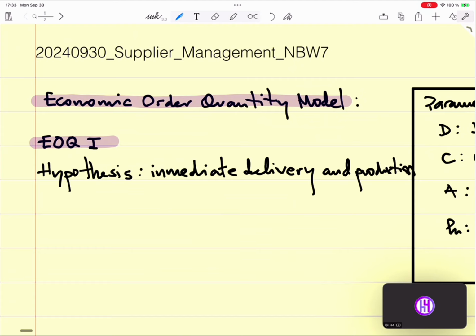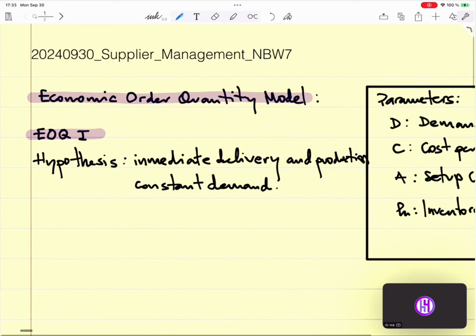So this is something ideal, okay? And also we have a constant demand. As you can imagine, this has nothing to do with reality, but we take it as our two hypotheses, okay?